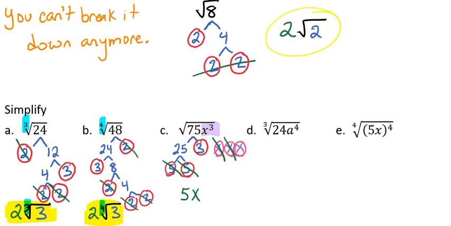And that's going to leave me with the square root of my leftover pieces, which are 3 and x. Nothing else can be broken down, and nothing else has been forgotten. And so this is our simplified solution. Why don't you try D and E on your own? And then when you think that you're all finished, go ahead and push play on the video and let's see if you've got it right.